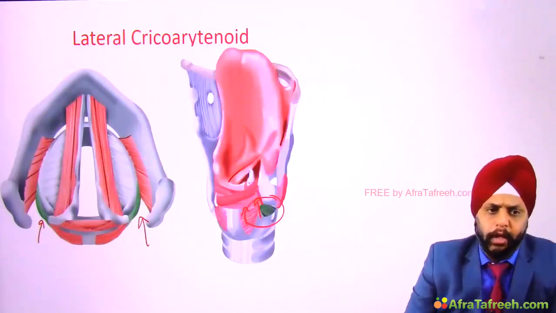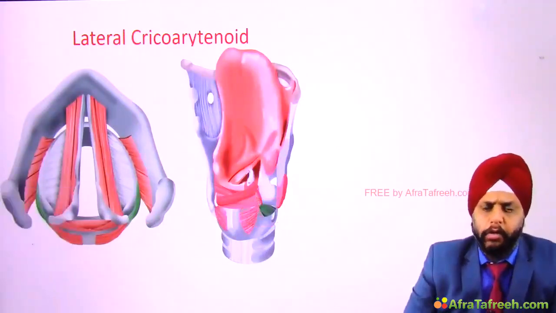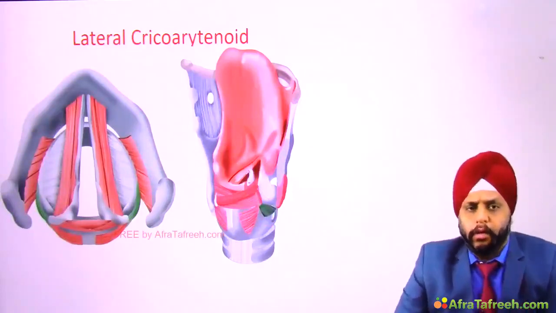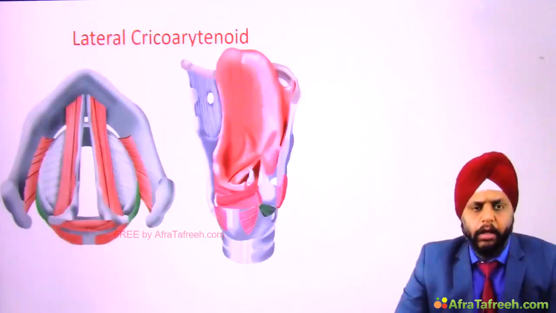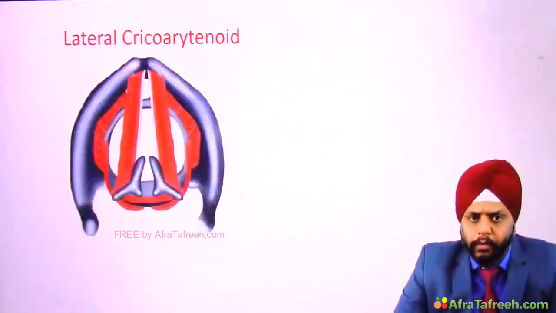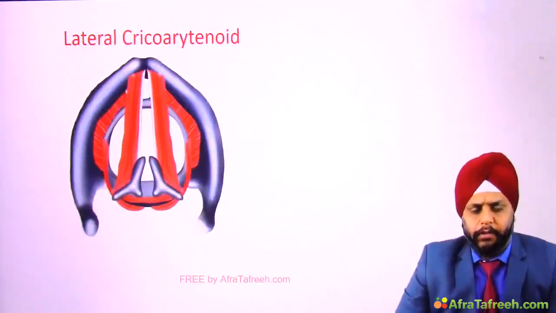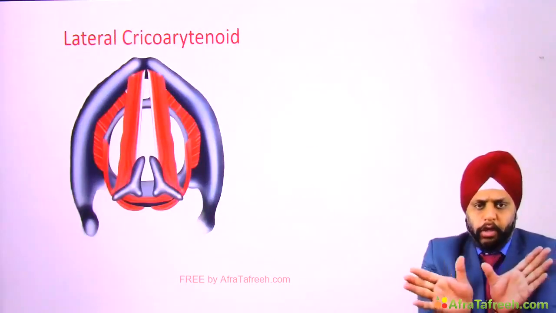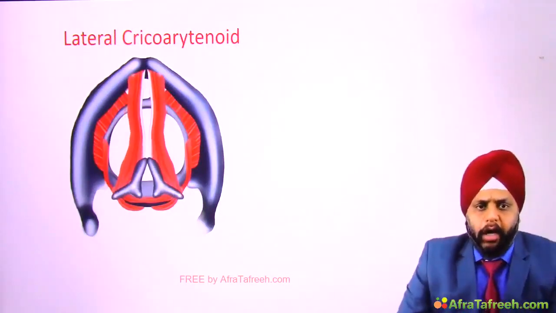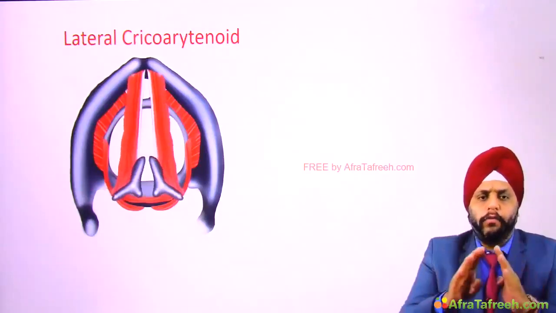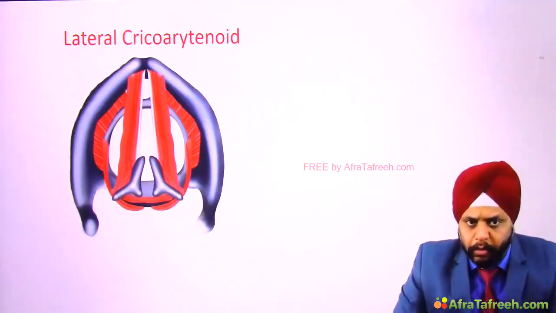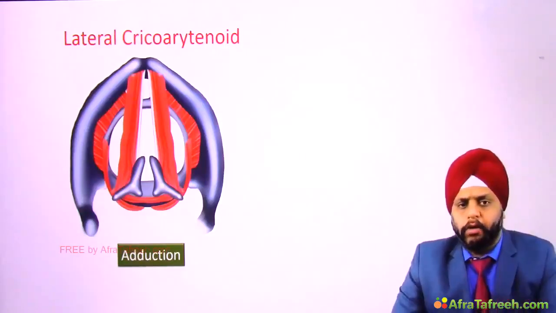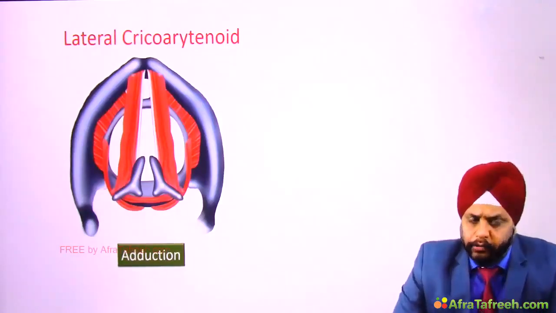Now what happens when this muscle contracts? Let's look in this video. You see, it rotates the arytenoid and brings the two vocal folds together. So it causes adduction. The lateral cricoarytenoid causes adduction.